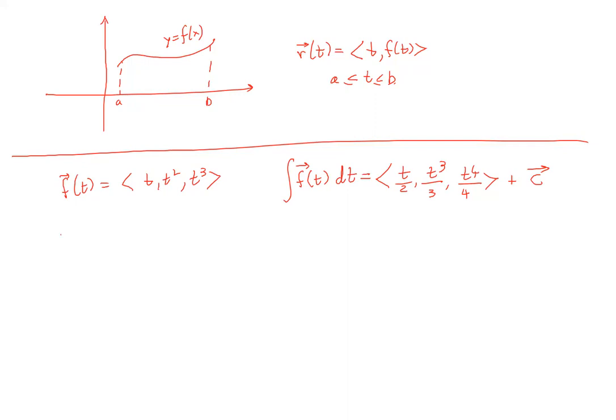On the other hand, if you need to do a definite integration, then this goes the indefinite integral. So if we plug in 0 and 1 and subtract, we will get 1/2, excuse me, 1/3, and 1/4. And that will be our vector.